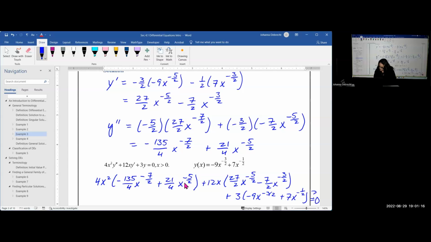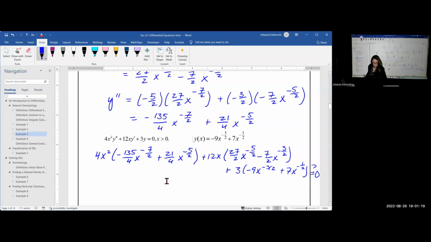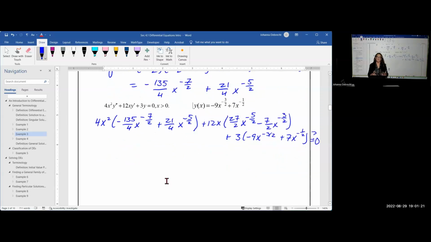And we want to show whether or not that equals 0. So we're trying to prove that it solves this differential equation.